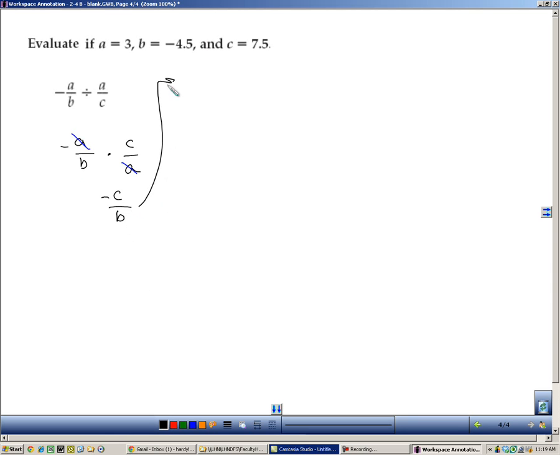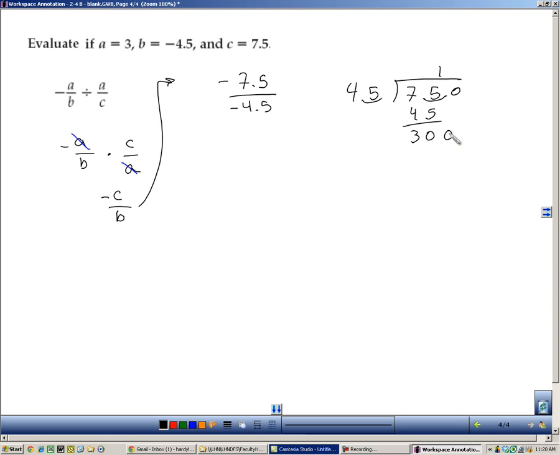Now I'll plug the values in, and we'll get a negative 7.5, because that's what C is, over B, which is negative 4.5. So 7.5 divided by 4.5. You have to adjust the decimal point, so we get 45 goes into 75 one time with a remainder of 30.